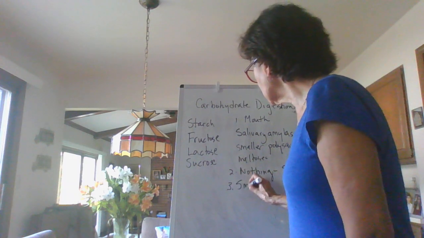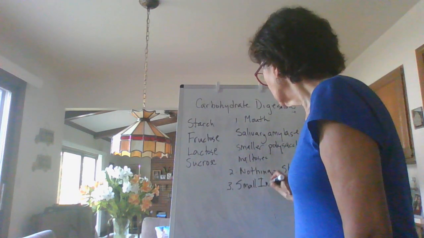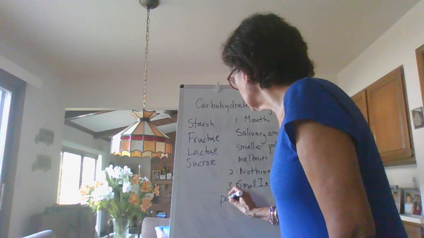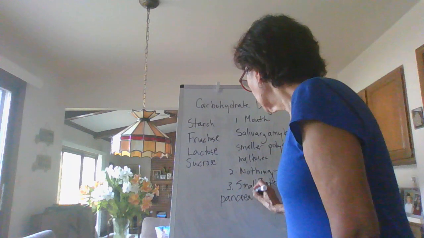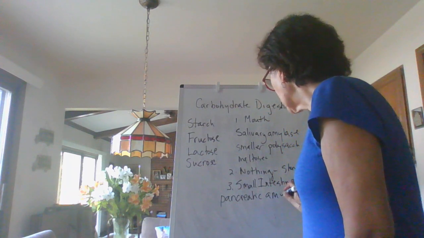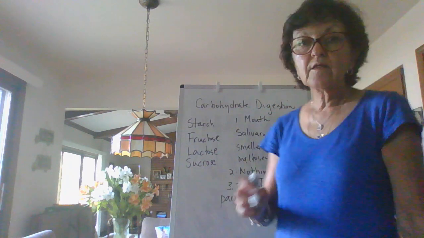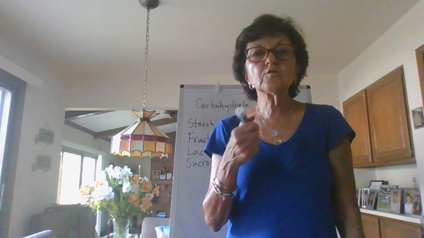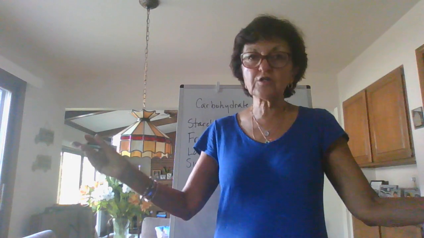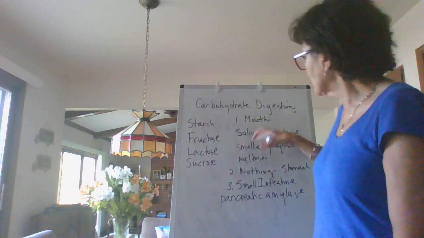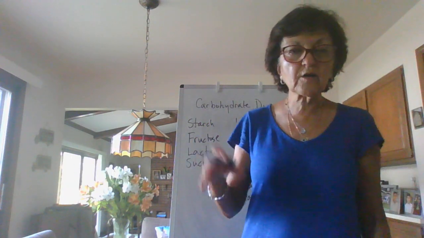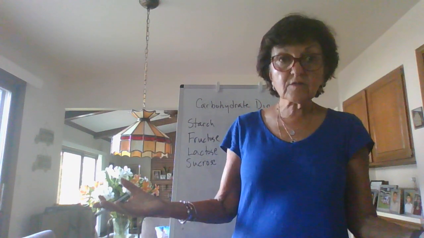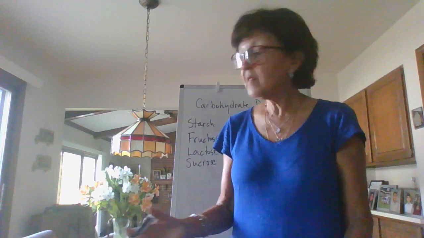In the small intestine, you've got pancreatic amylase, and that will finish the hydrolysis of the glycosidic bonds of amylose and amylopectin. It will finish all of that, finish the hydrolysis of the smaller polysaccharide glycosidic bonds. So now we have thousands of glucoses, okay?